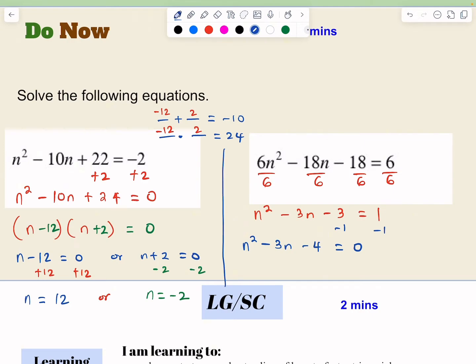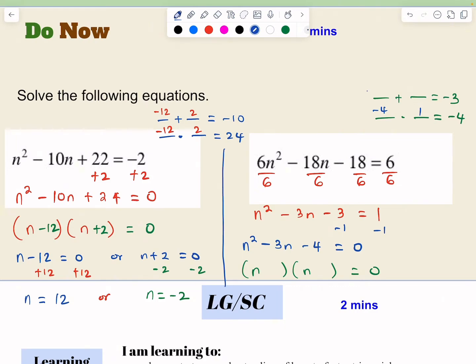So in this case now, all I need to do is look for two numbers that if I multiply these two numbers, I should have -4, and if I add these two numbers, I should have -3. What are those numbers? Now I notice that if I multiply -4 times 1, it's going to give me -4.